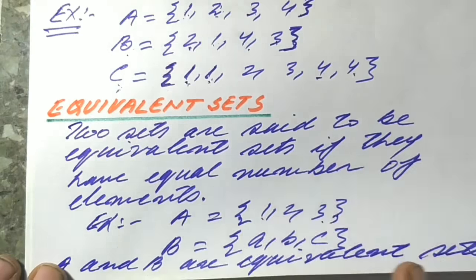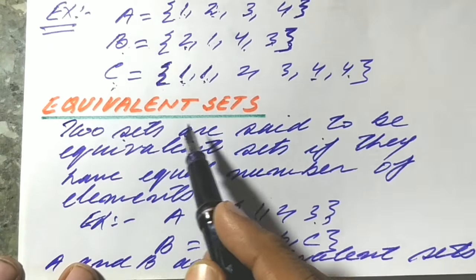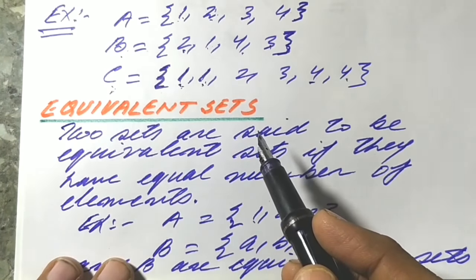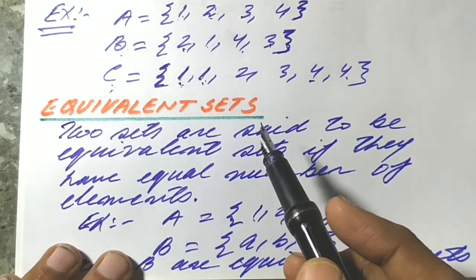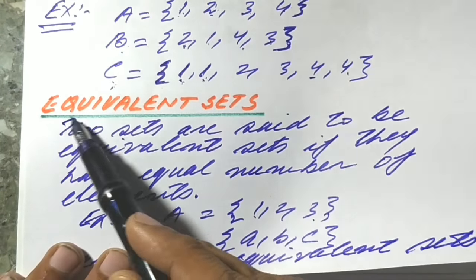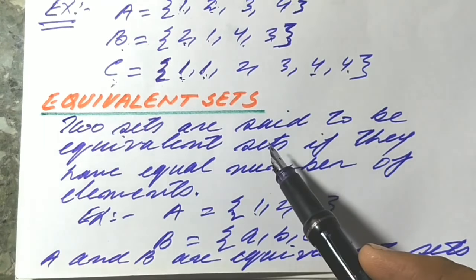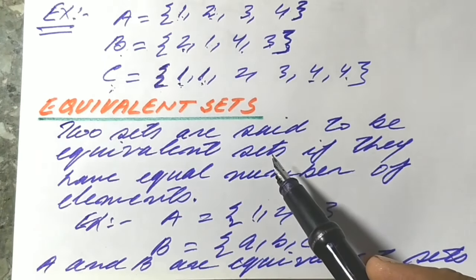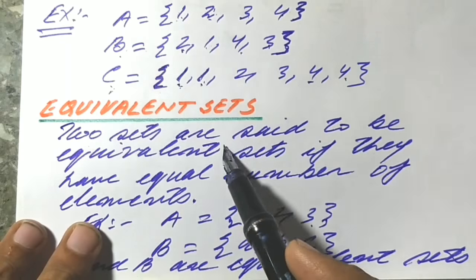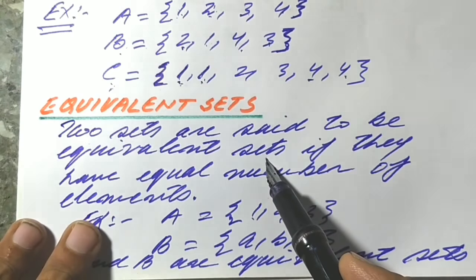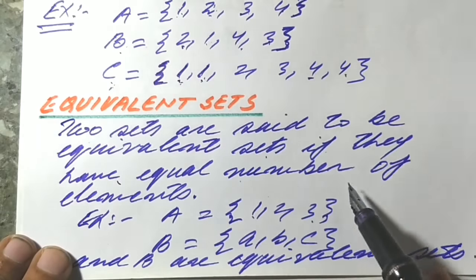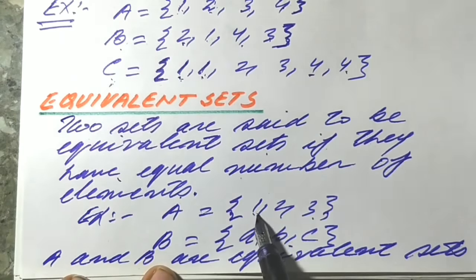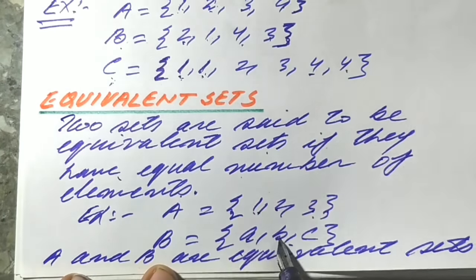Now let's talk about the fourth term, which is equivalent sets. There is a big difference between equal sets and equivalent sets, though the terms are quite similar. Equivalent sets are two sets which have the same number of elements, whether their elements are the same or different. For example, A is the set 1 2 3 and B is the set a b c.